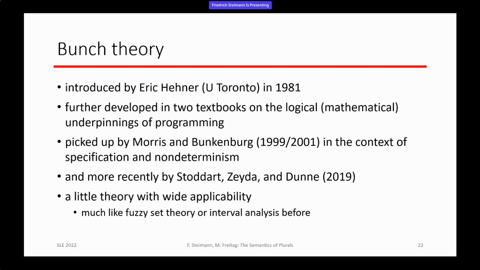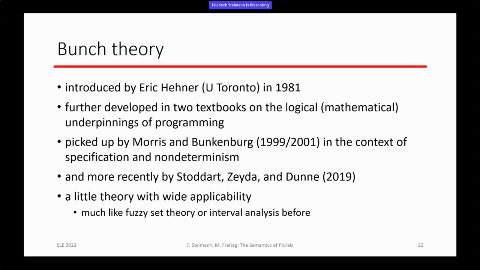Generally, it seems to me like a very tiny little theory that is extremely widely applicable. It's a bit like fuzzy set theory. Wherever you build something using sets, you can make these sets fuzzy, and you get a fuzzy variant of your theory. But also interval analysis and interval arithmetic are related to bunch theory.